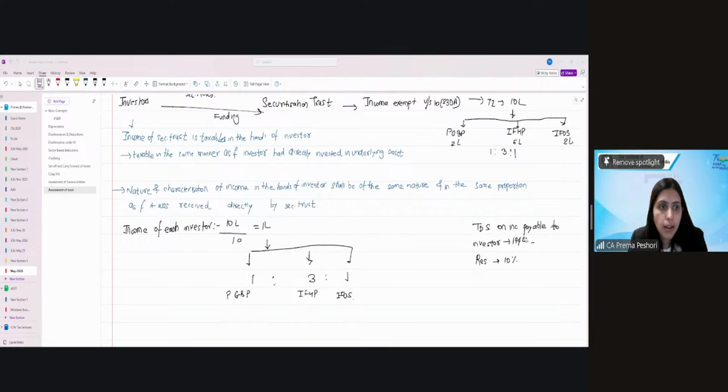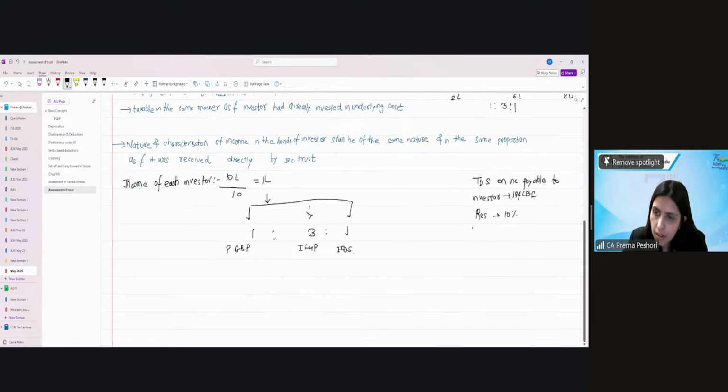If the investor is a resident, in that particular case, it will be 10%. Okay. And if the investor is a non-resident, then this will be at the rates in force.